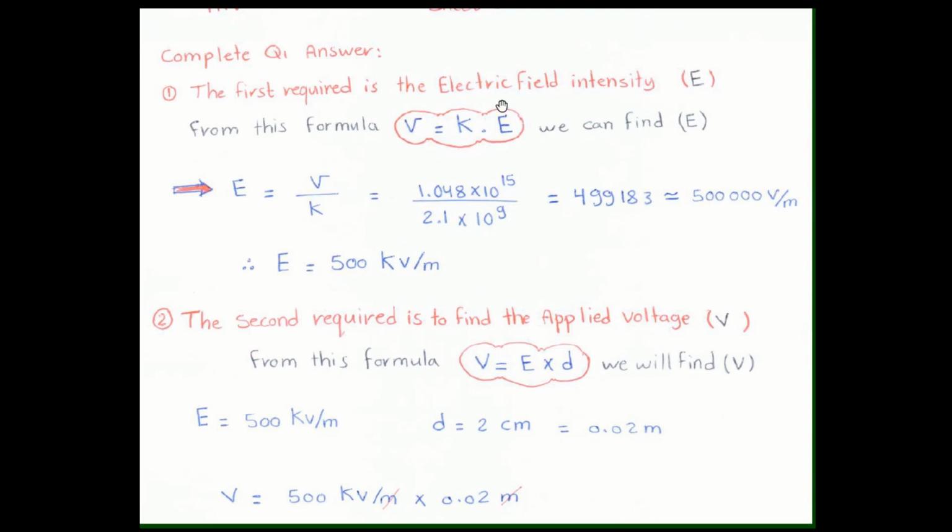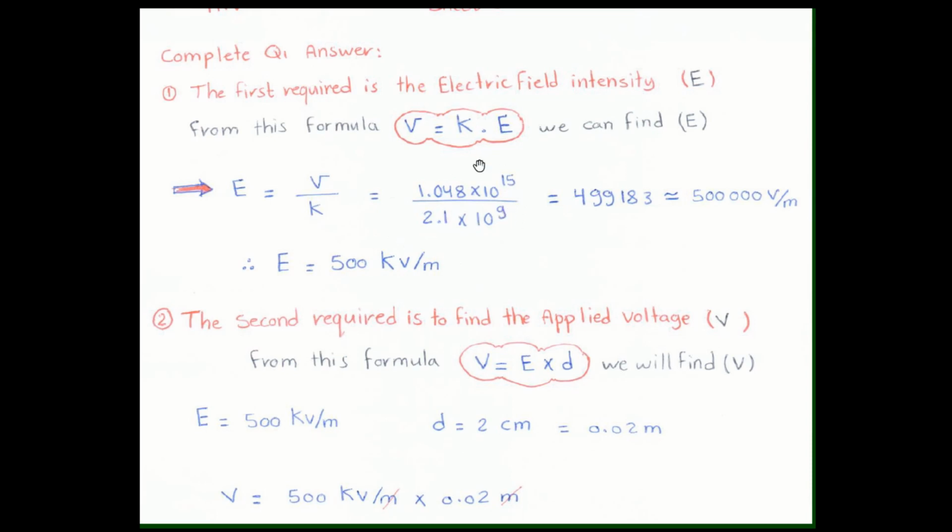By rearranging this formula, E is equal to velocity divided by K, which is the proportional constant. We substitute the value of the velocity and the value of the proportional constant here.